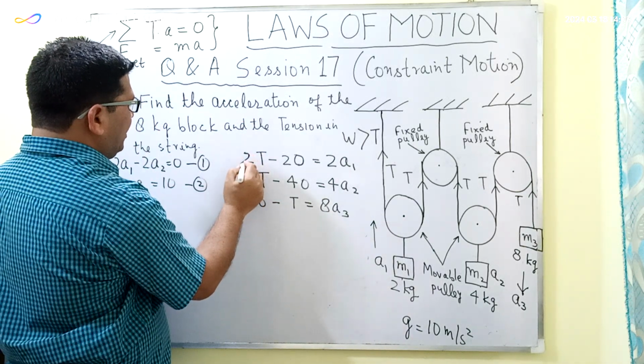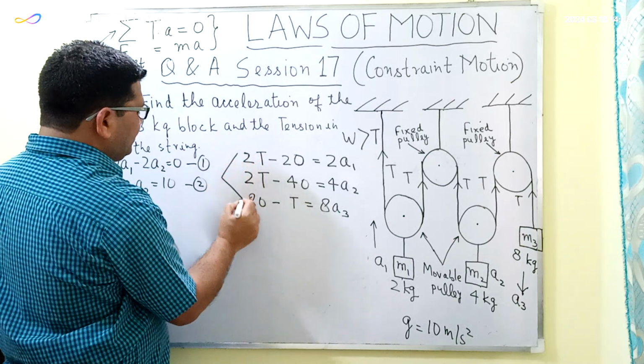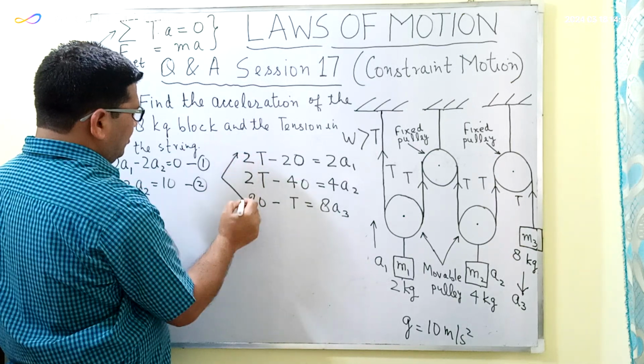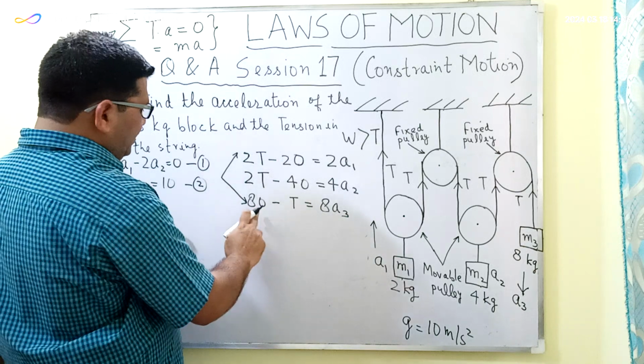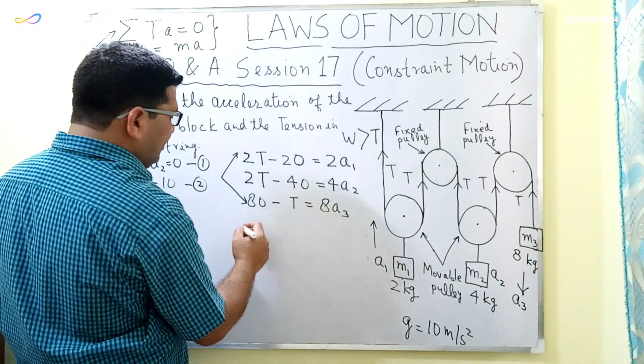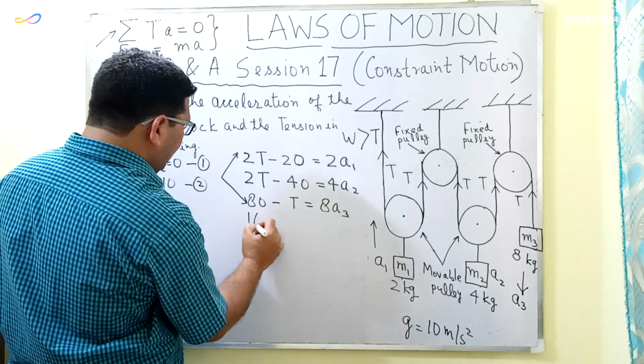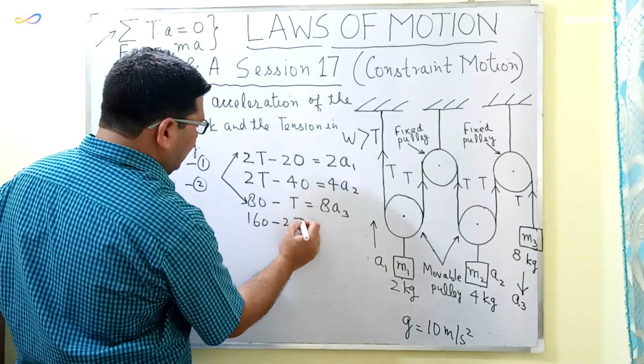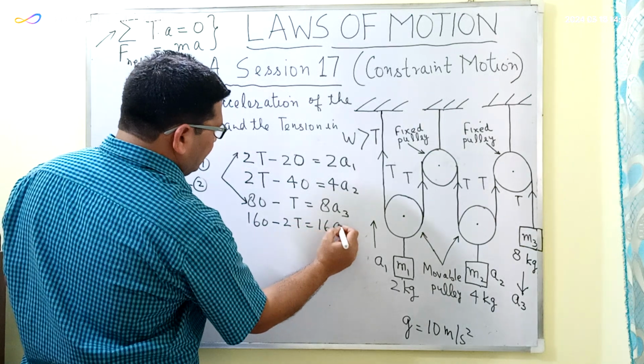Now I will be taking these two equations. I am multiplying this equation, 80 minus T is equal to 8A3, by 2 on both sides. So this will become 160 minus 2T is equal to 16A3.